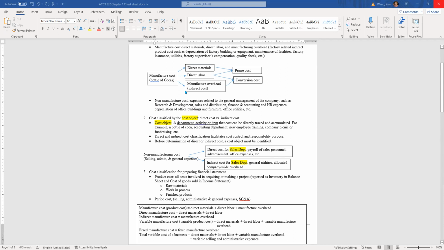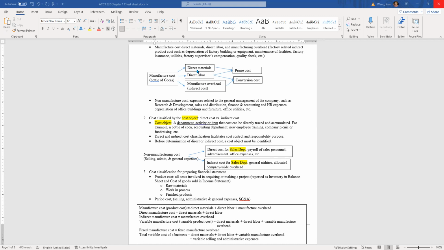For manufacturing cost and non-manufacturing cost, depending on the cost object you identified, we can have different ways to examine the direct cost and indirect cost. So for example, if we use a bottle of Coke or a couple of bottles of Coke, the direct cost, we already have the answer in the chart, right?